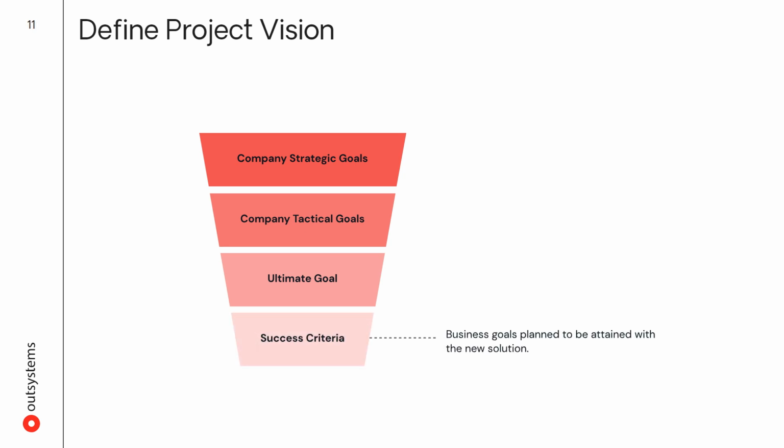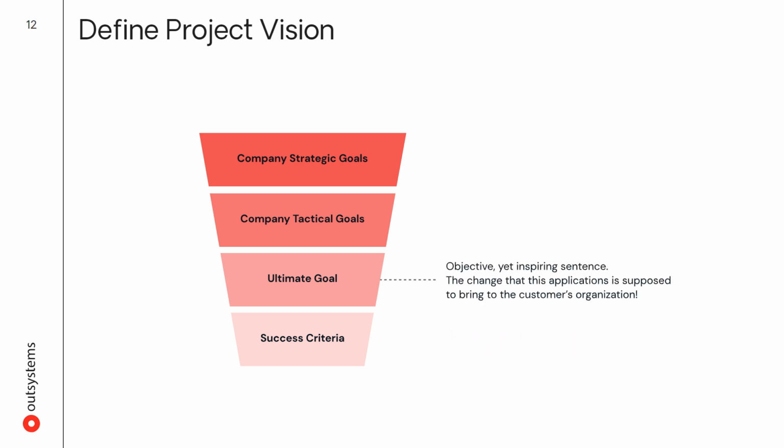The success criteria is composed by all the business goals planned to be attained with the project and the new solution being developed. They should preferably be quantifiable, like for example the increase or decrease of a particular business key performance indicator, that will be affected by the outcome of the project.